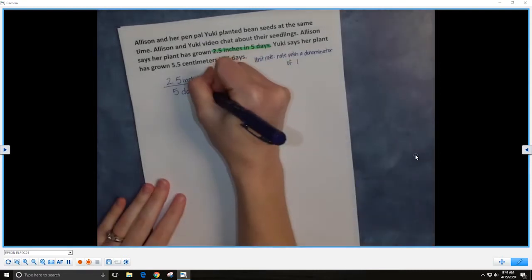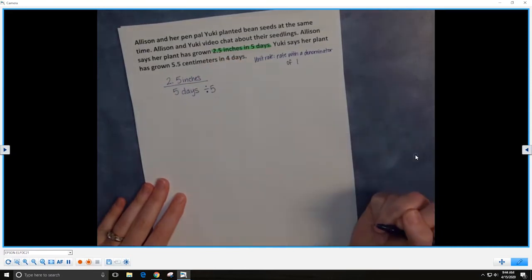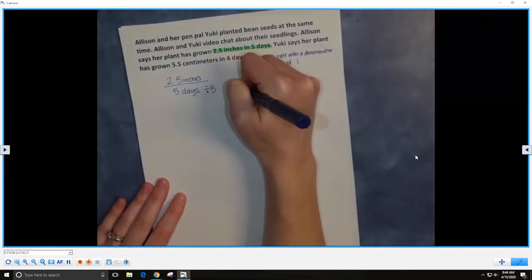If we want this rate to become a unit rate with a denominator of 1, notice that the denominator, which is the bottom number of this fraction, is a 5. If we divide by 5, then our denominator is going to become 1 day.